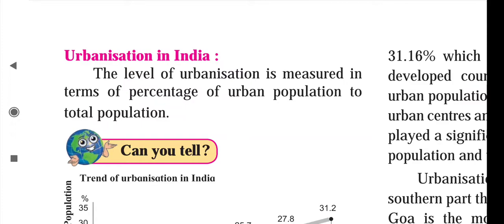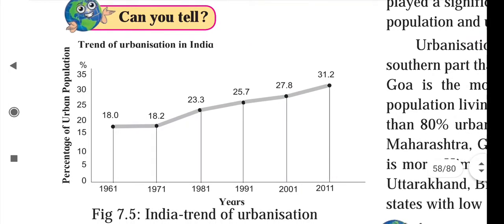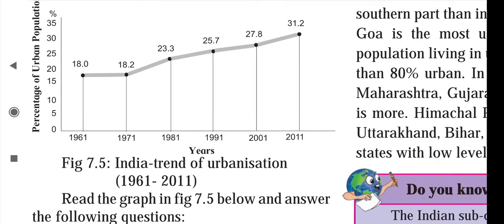So this is urbanization. Here we have to see the percentage of urban population. One graph has been given, showing the percentage of urban population on the y-axis, and on the x-axis, the years of India's trend of urbanization.